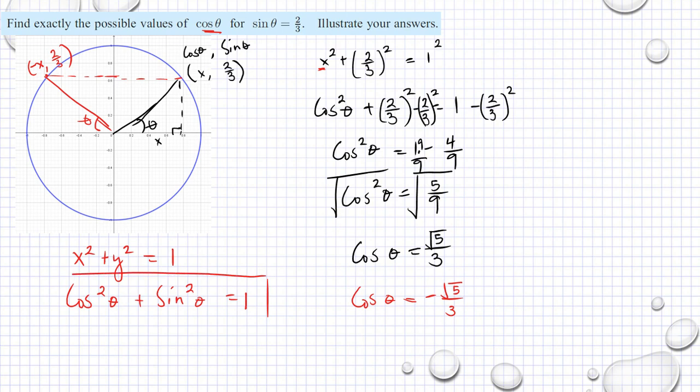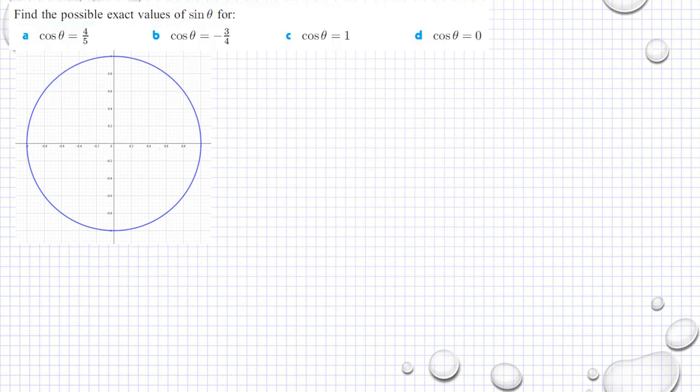This is a very important identity. So the square of cosine plus the square of sine is equal to 1. Very important identity. Okay, let's go to the next example.